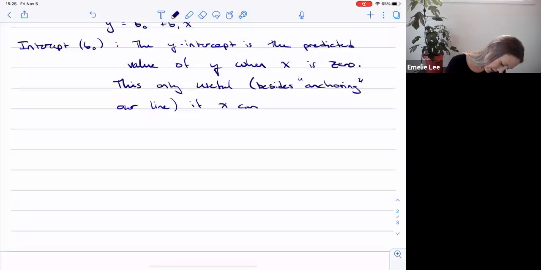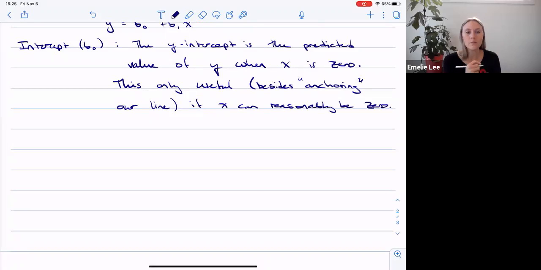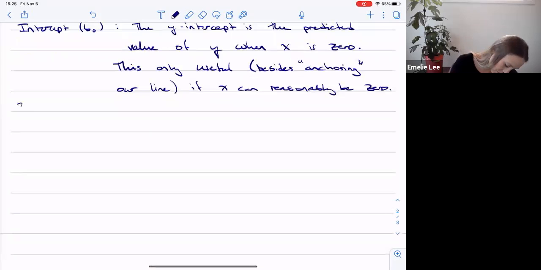If x can't be 0, if that's illogical, then you shouldn't really be interpreting the intercept as the predicted value of y when x is 0. That is the definition, but it's not really useful information that you incorporate. Whereas the slope is always important.